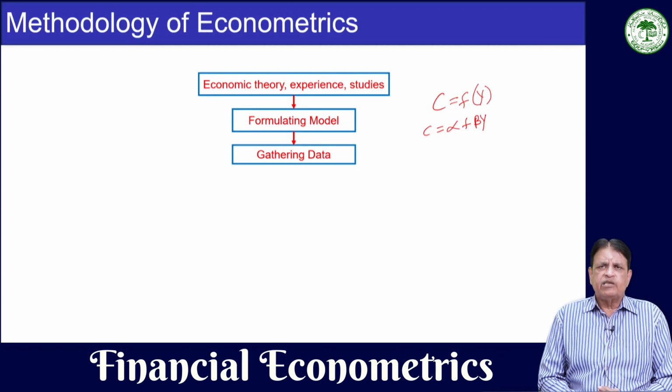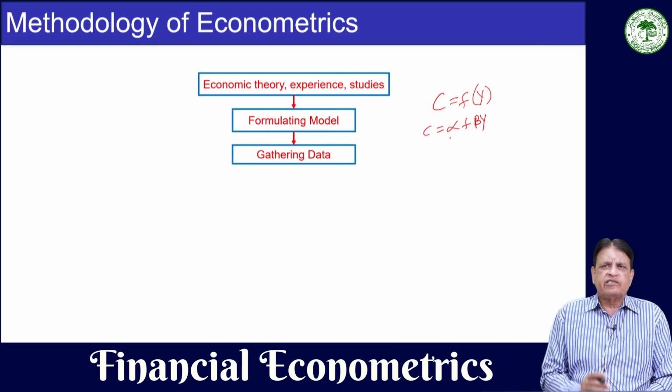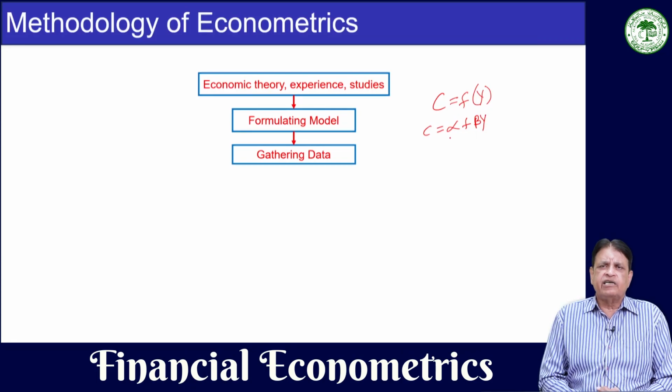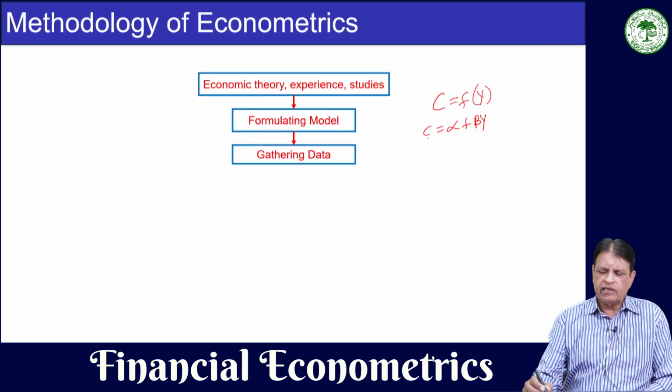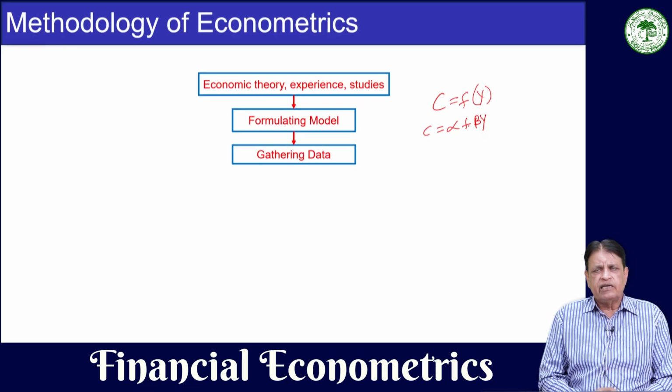Now once we have specified the functional form, the second thing is to have a priori knowledge regarding the size and sign of the parameters. Here in this relationship, alpha and beta are the parameters. That is, the relationship between consumption and income depends on the size and sign of alpha and beta.